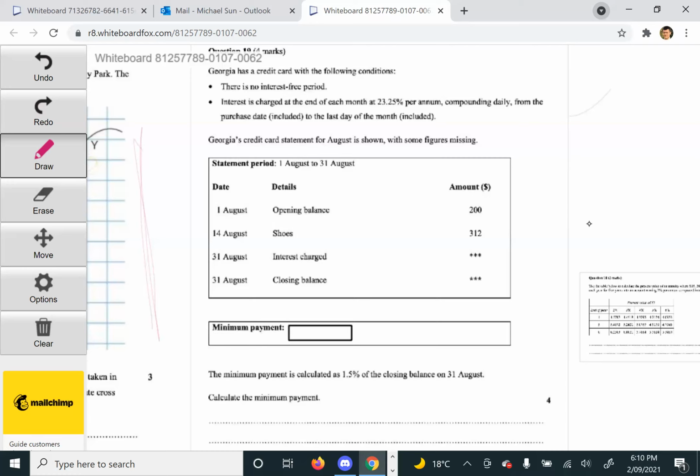Wait, is it saying that she spent $112 on shoes? No, it says 312, but she only had $200 in her account. So wouldn't that mean that she's $112 in debt? Is the amount how much she spent on the shoes or how much is total? There's only two there. There's the opening balance at the start of the month, which was $200.